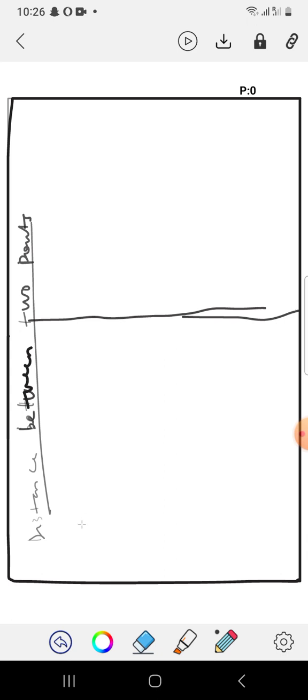Okay, so I'm going to draw here the Cartesian coordinate. I've drawn it here. This is a point here, and this is another point here.